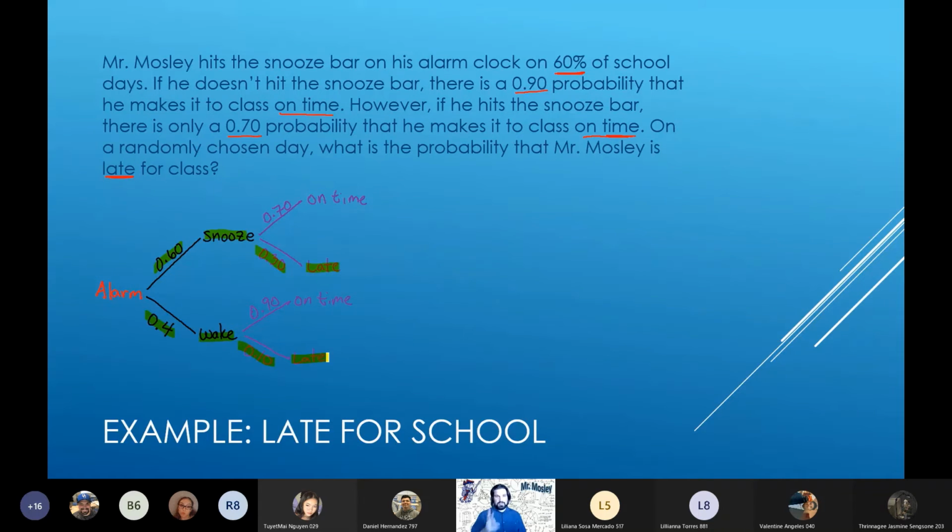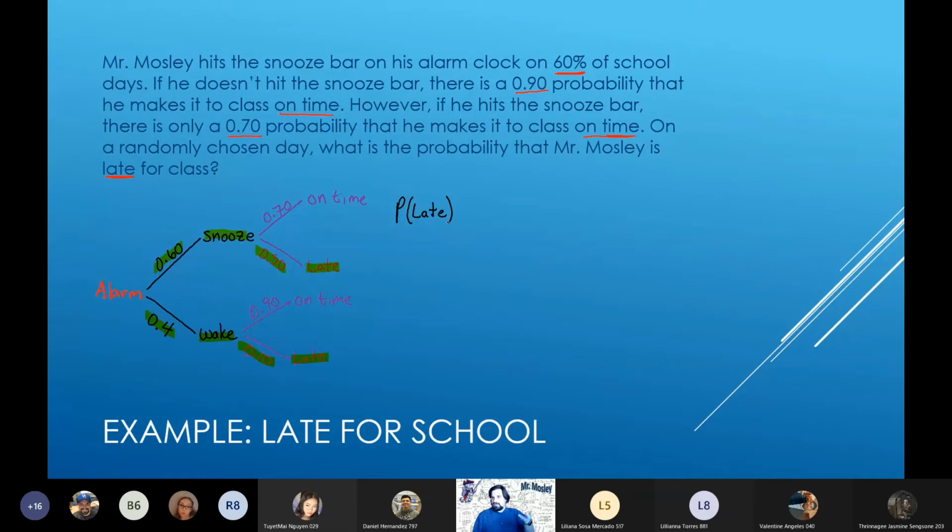So there's two paths to being late. So when I calculate the probability, I have to consider both paths. So we're finding what is the probability of being late.